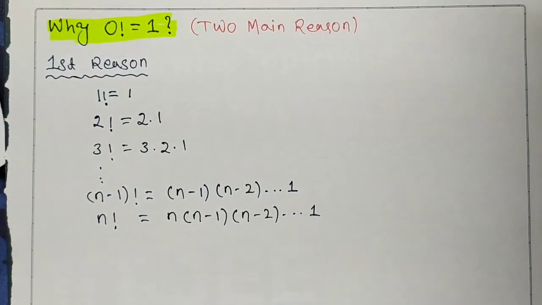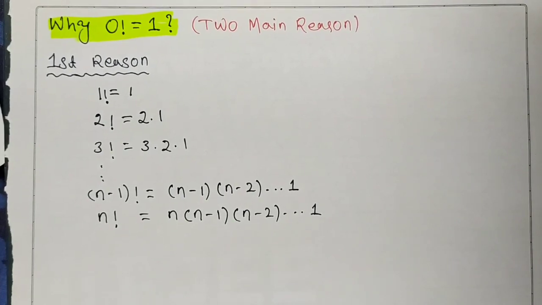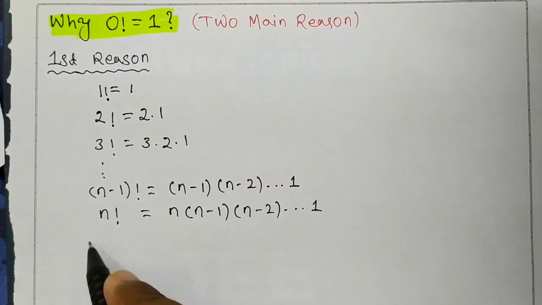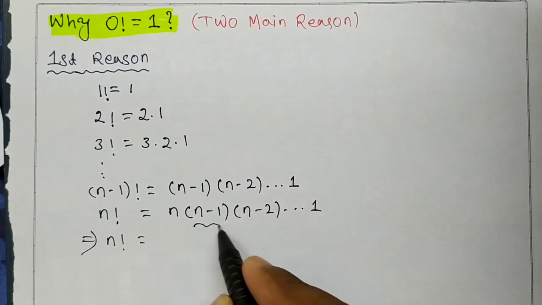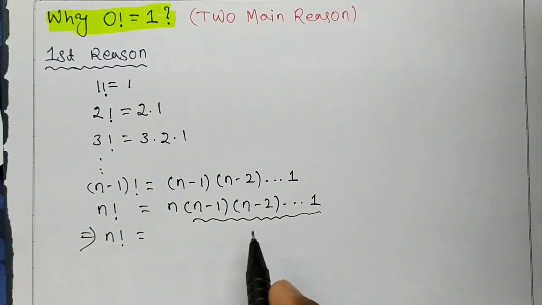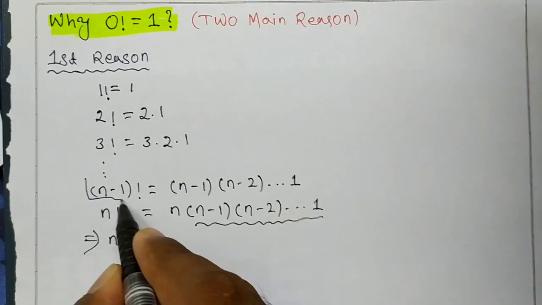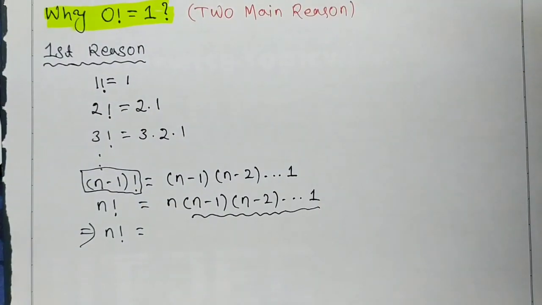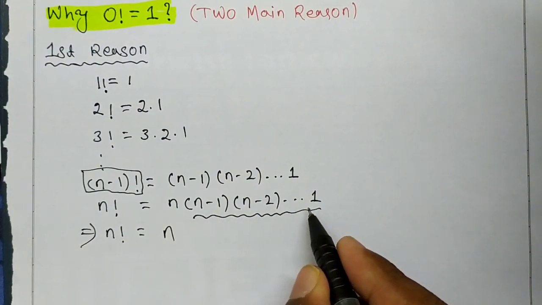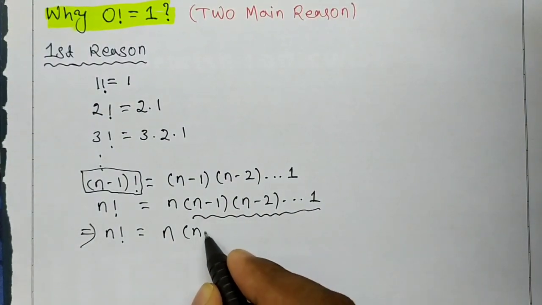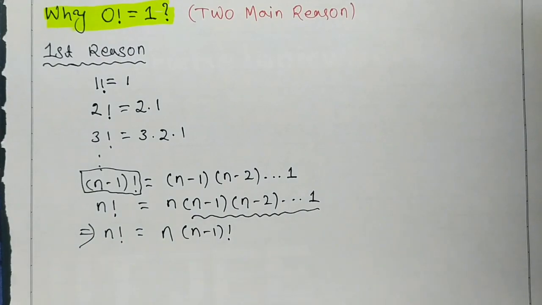So now I will say why the value of 0 factorial is coming 1 using n factorial. This n minus 1, n minus 2, up to multiplication 1 is just the value of n minus 1 factorial. You can see this. So now in place of n minus 1, n minus 2, up to 1, I will write n minus 1 factorial.